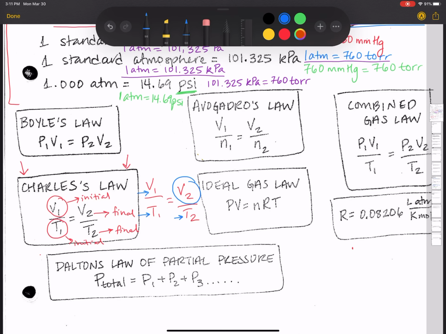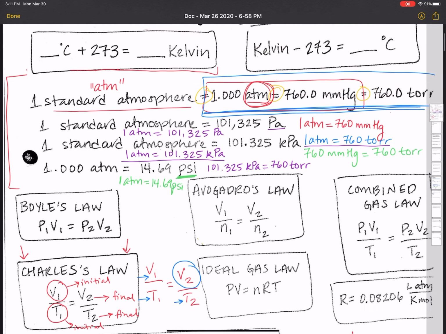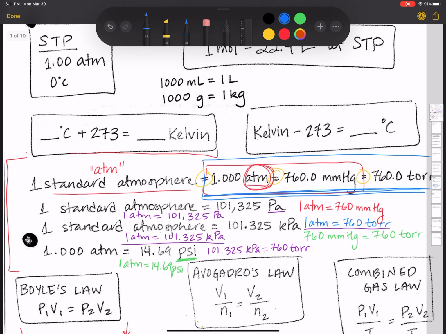What you want to also be aware of is that any time you're dealing with Charles's Law, any time you're dealing with a formula that has temperature, the temperature must be used in the formula as Kelvin. So if you look at your formula sheet, you have your conversion factor of Celsius to Kelvin or Kelvin to Celsius.